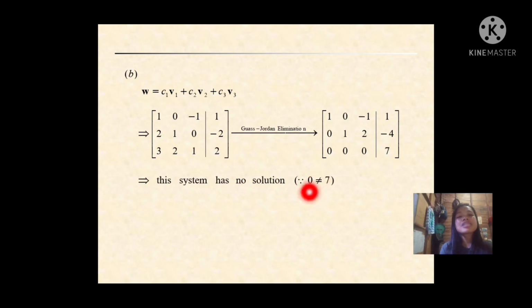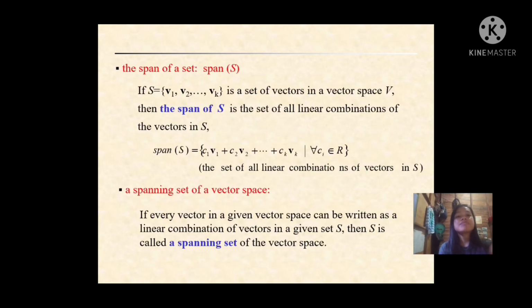This system has no solution. Therefore, 0 is not equal to 7. And then W is not equal to C sub 1 V sub 1 plus C sub 2 V sub 2 plus C sub 3 V sub 3.